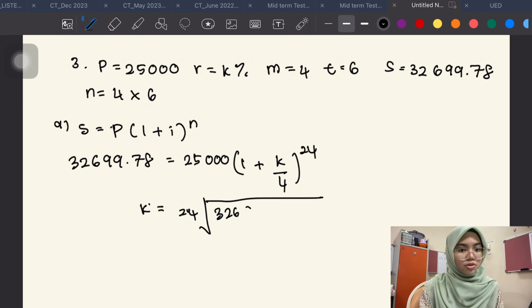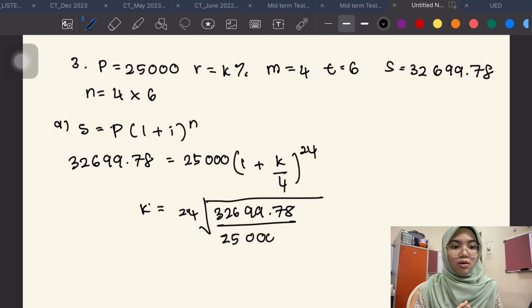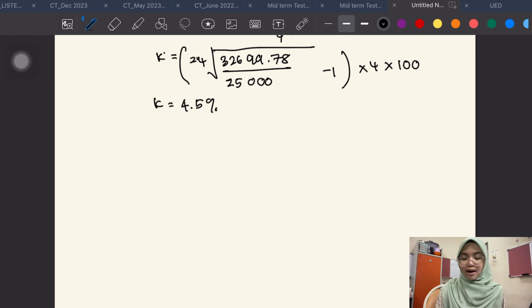So k equals, when the power 24 goes to the left, it becomes the 24th root, and multiply by 100. The 100 needs to be multiplied to get the percent, and k will be 4.5%.